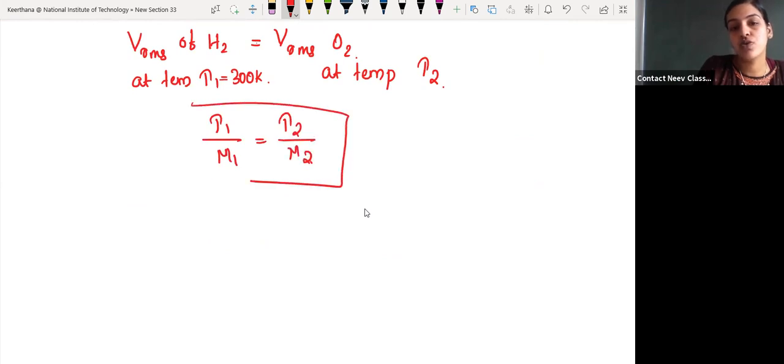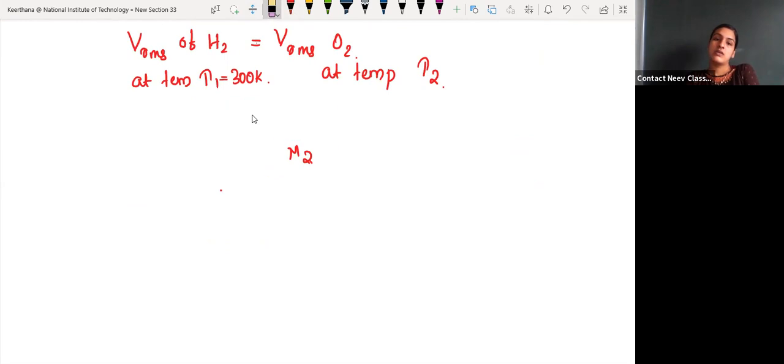This is the formula you should use in this type of question. The VRMS of H2 at temperature T1 equal to 300 Kelvin is equal to VRMS of O2 at temperature T2. Then find T2. That is the question. You got my question, right?